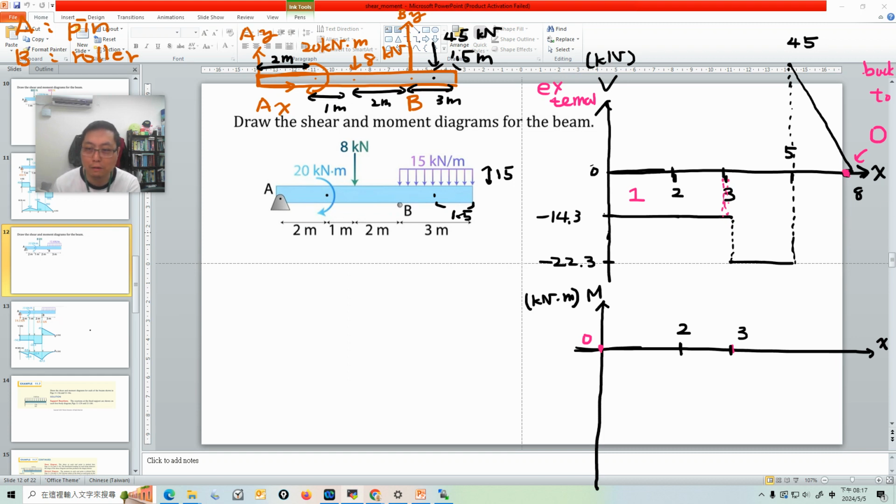So the area one: what's the area? Minus 14.3 times 2. So the value is minus 28.6. Let's draw it here, minus 28.6.